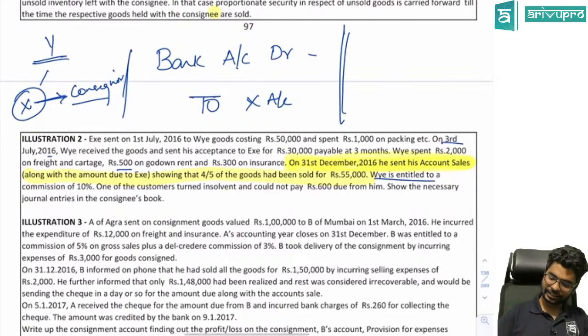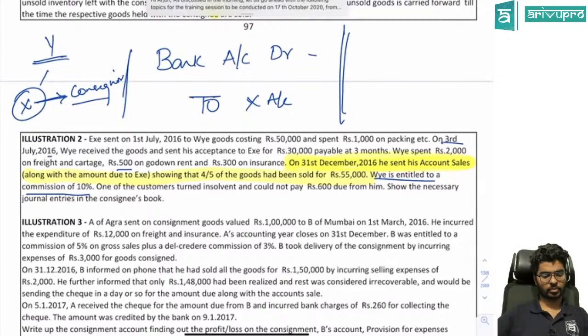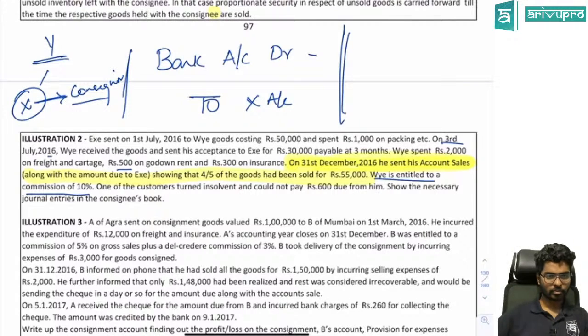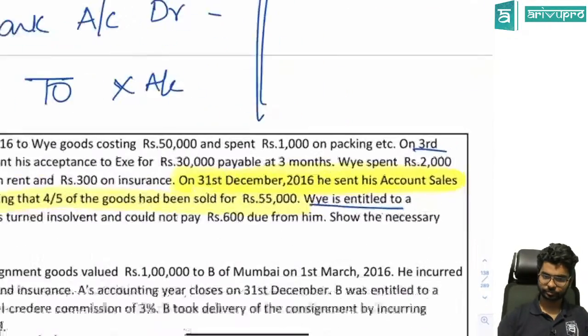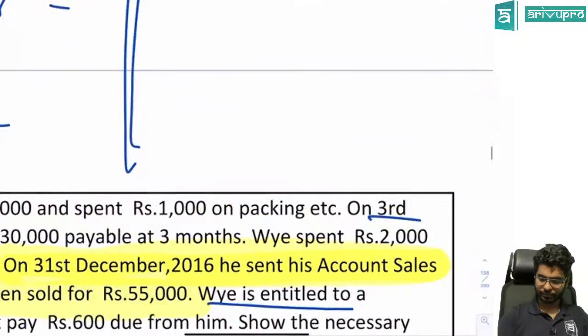Y is entitled to a commission of 10%. What will be the journal entry?